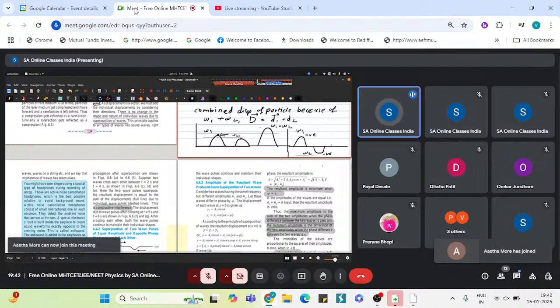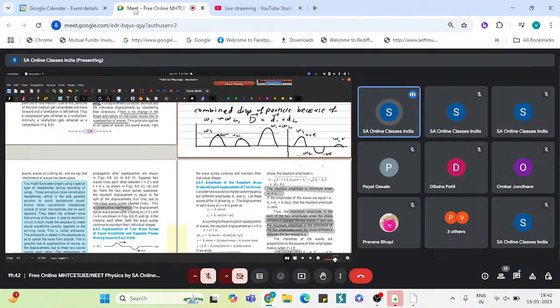After subtraction we will probably get some amplitude like this, or maybe something like this. So this is the effect of wave 1 plus wave 2. I hope the concept is clear: superposition is just the vector addition of the amplitudes of these two waves.